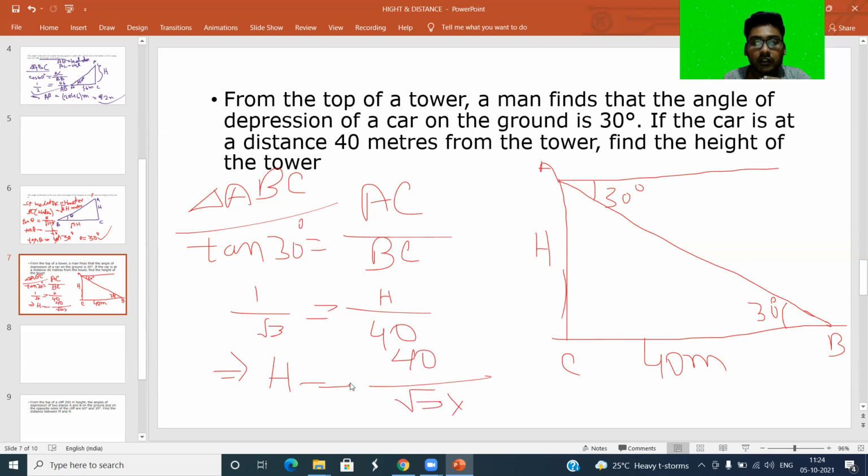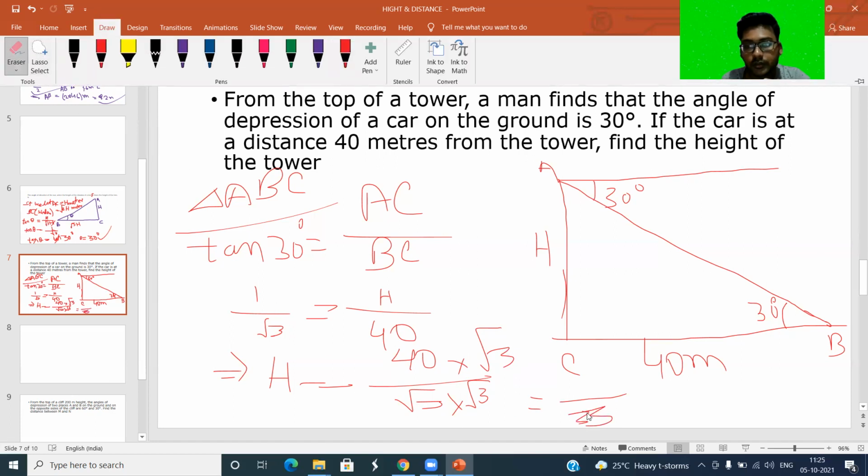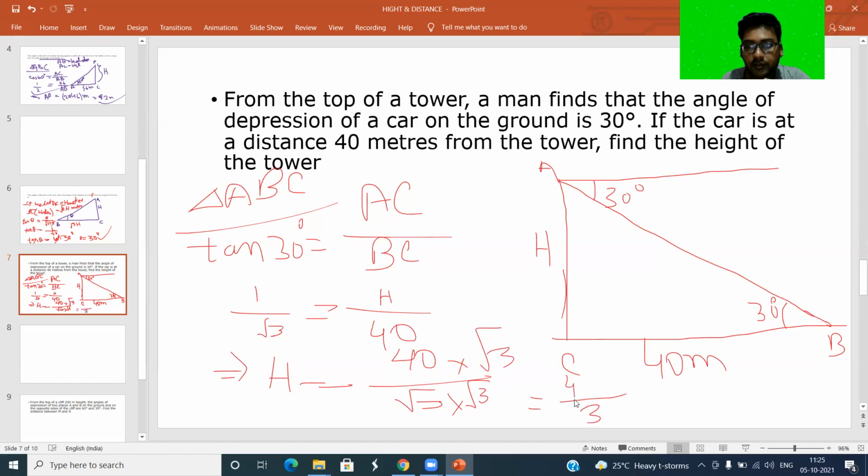Then how to solve this? It is root 3 and it is root 3, the same value, so we take root 3 and it is 3, then it is 40 root 3.